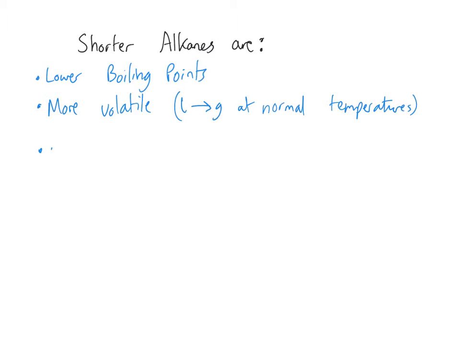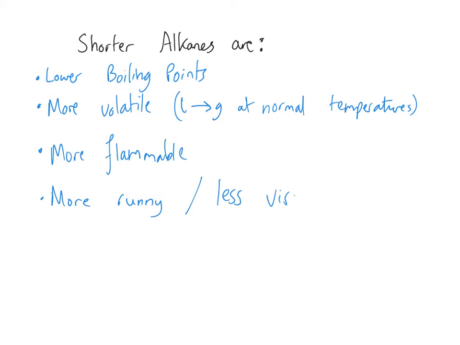They also get more flammable the shorter the alkane is, so that's obvious. That means it sets fire more easily. They get to be more runny, or to go the opposite way around, they are less viscous. And viscous is a word that you'll remember from GCSE as meaning sort of gloopy and thick, like treacle.